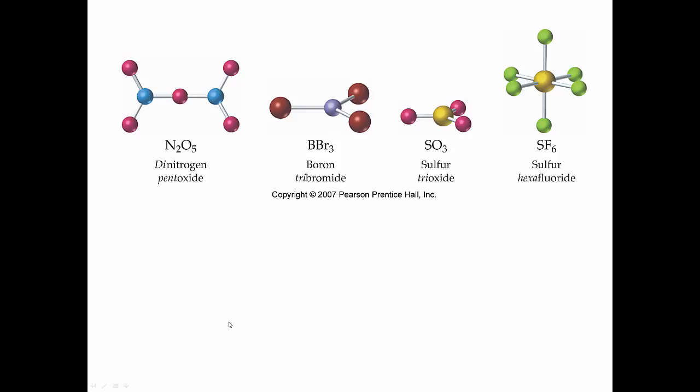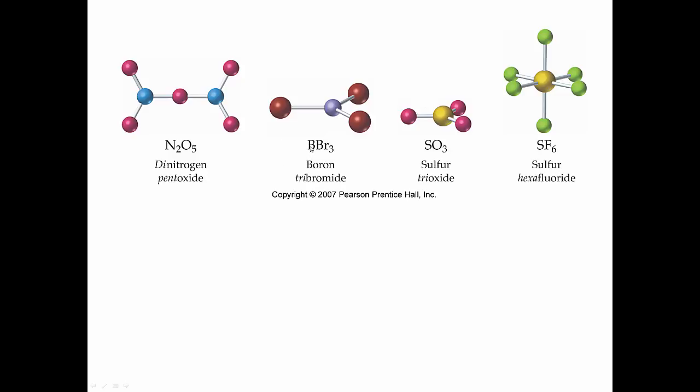For example, here we have 2 nitrogens and 5 oxygens. 2 is di, 5 is penta. We have dinitrogen pentoxide. Because of the 2 vowels, oxide begins with an O, we drop the A in penta. So dinitrogen pentoxide.